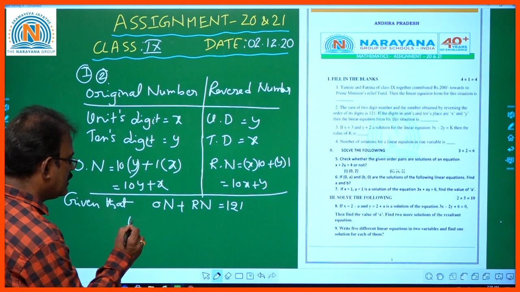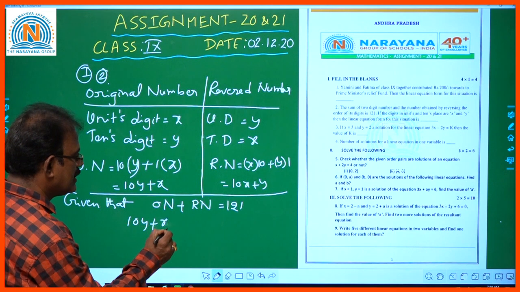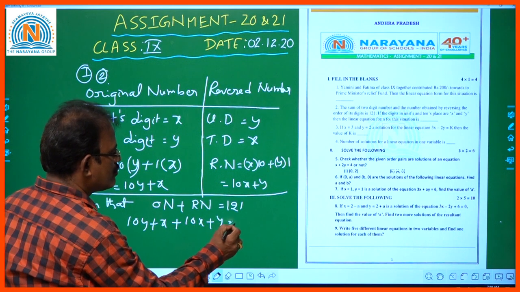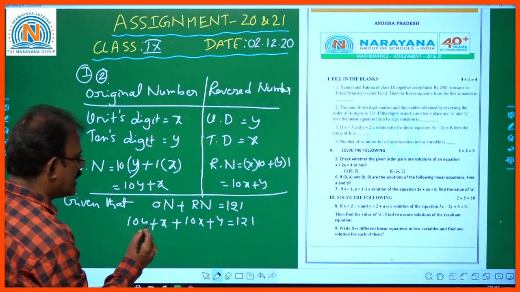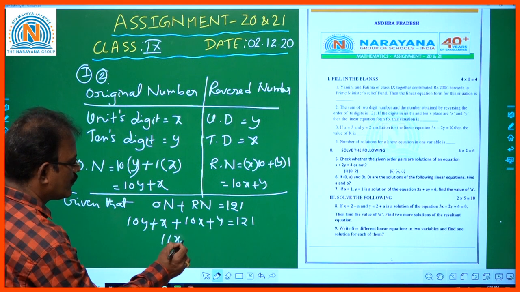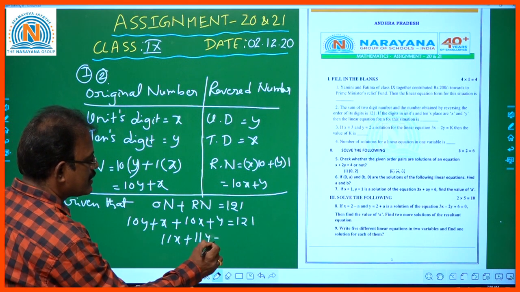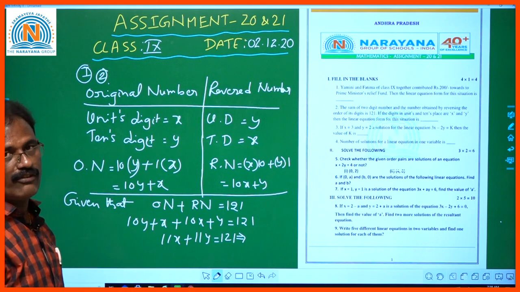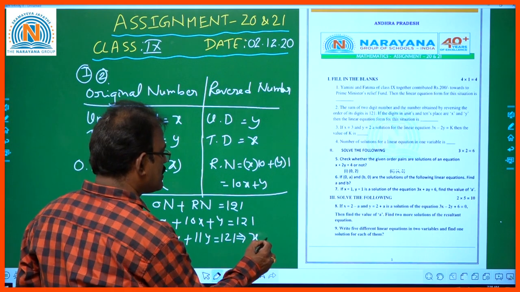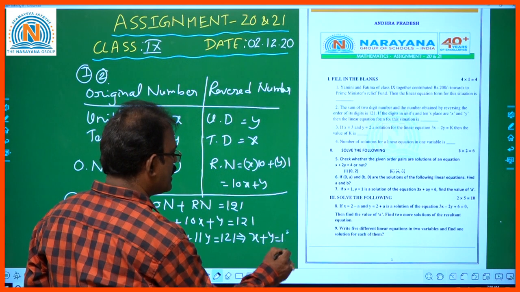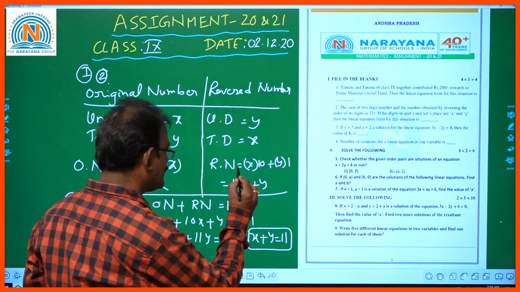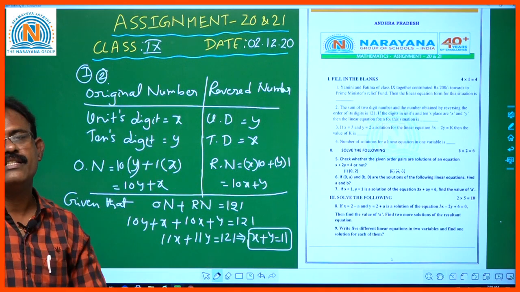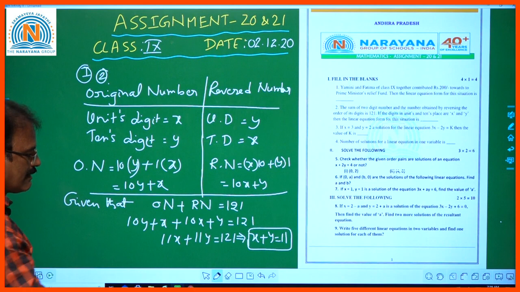That means the original number plus the reversed number, when you add, is 121. So this is 10y plus x plus 10x plus y is equal to 121. So 11x plus 11y is equal to 121. If you cancel with 11 in each and every term, then x plus y is equal to 11. This is the linear equation which satisfies the given condition. Okay children, so next question.